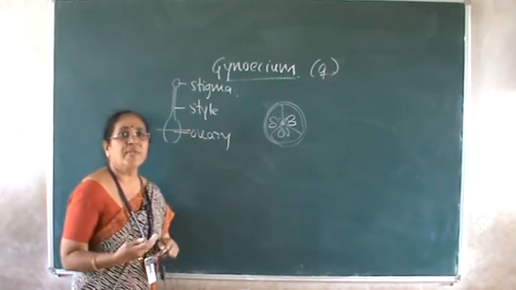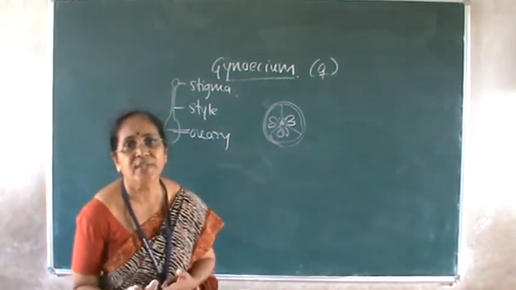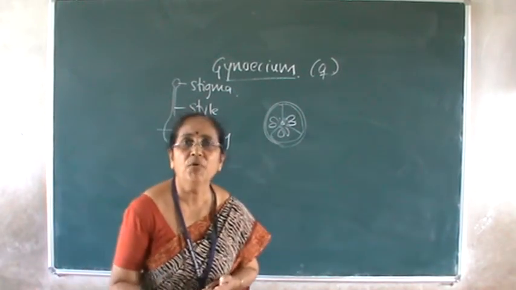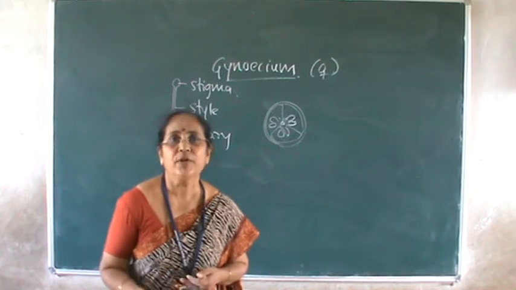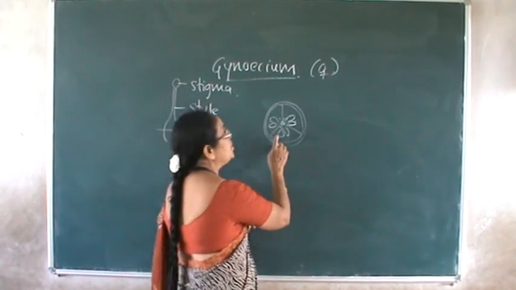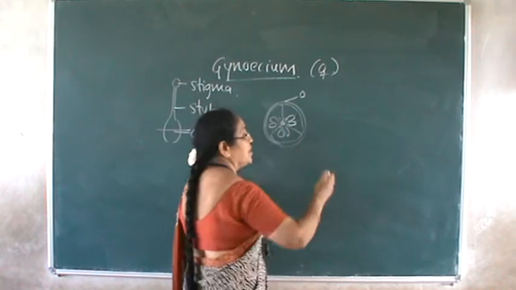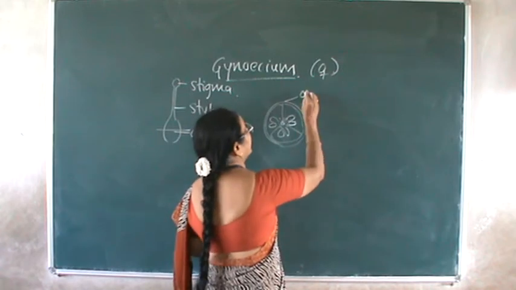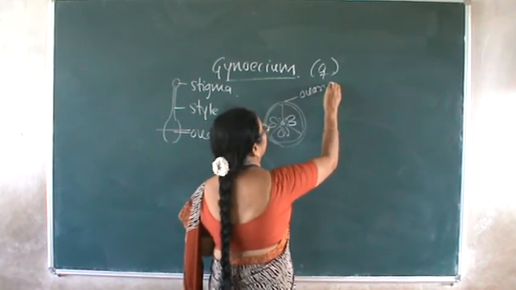By observing the transverse section of the ovary with your naked eye, if it is sufficiently big, or by mounting the section under a dissecting microscope, you can try to count the number of locules and carpels. I will label the parts, just to help you recollect or recheck the video so that you get the idea regarding all the parts.